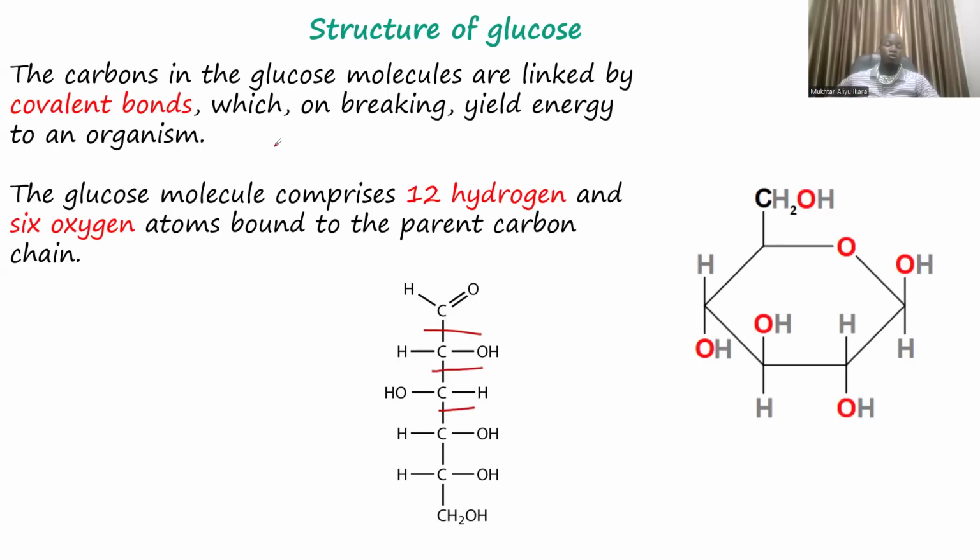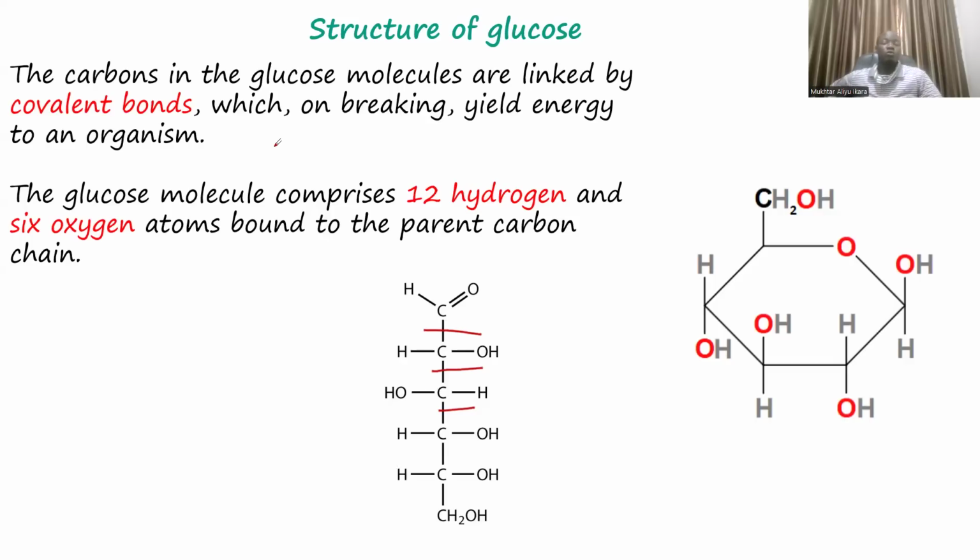When you break these bonds in living organisms, they generate energy. That is why we say carbohydrates are energy-giving food, because they are rich in covalent bonds, and the breaking down of these bonds yields energy.